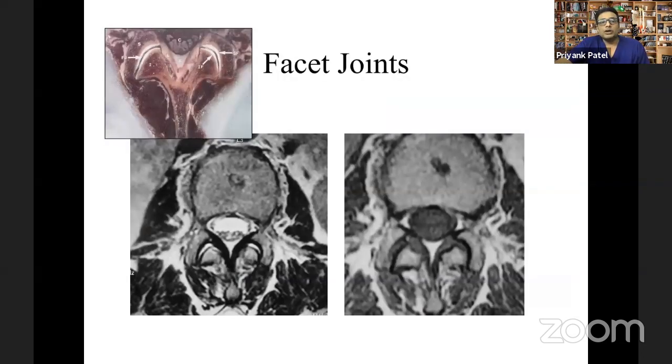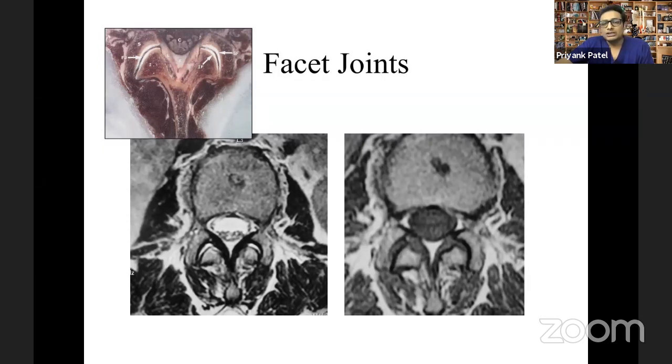That is basically what lumbar canal stenosis is all about. So in lumbar canal stenosis, you try to identify the facet joints, which look like this on an anatomy specimen, where there's one bone, another bone, and a synovial, meaning a smooth fluid-filled area, which looks like this on a T2 weighted image because it's white in color, and looks like this on a T1 weighted image.